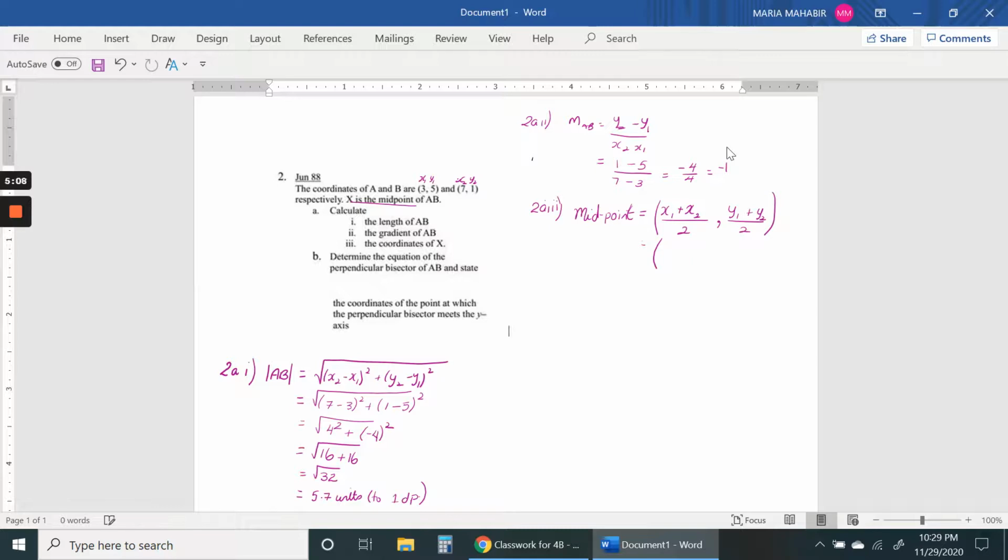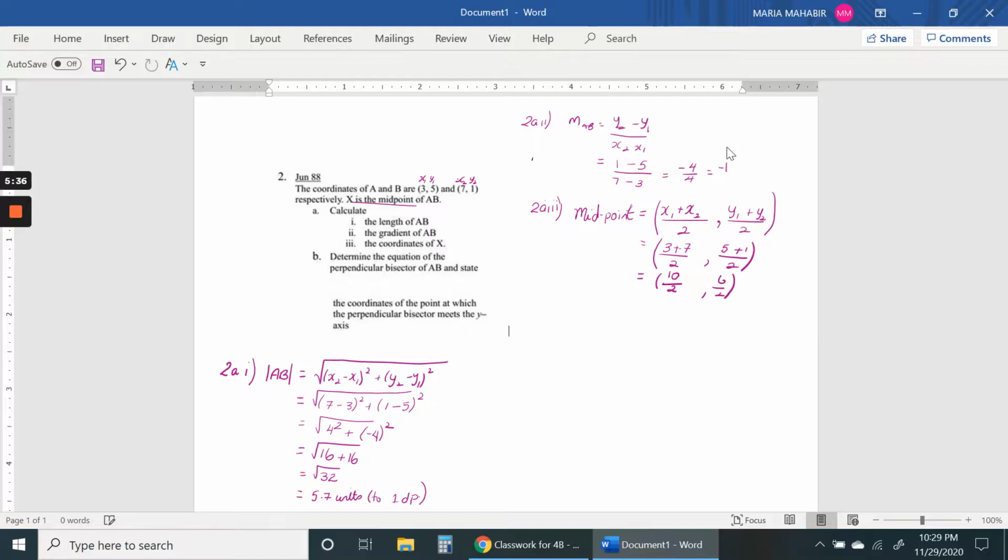So we have x1 as 3, x2 is 7, so that's 3 add 7 all over 2, and then we have 5 add 1 over 2. 3 add 7 is 10 over 2, 5 and 1 is 6 over 2.